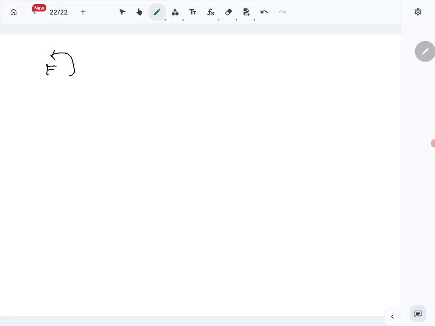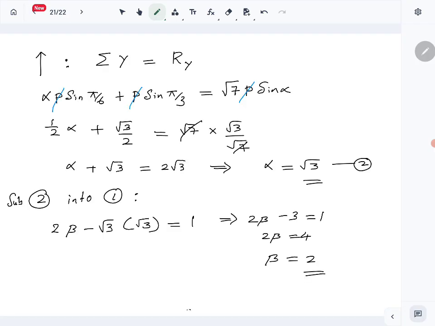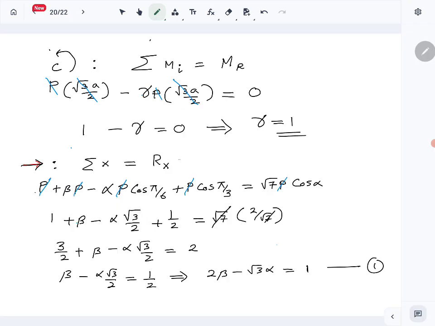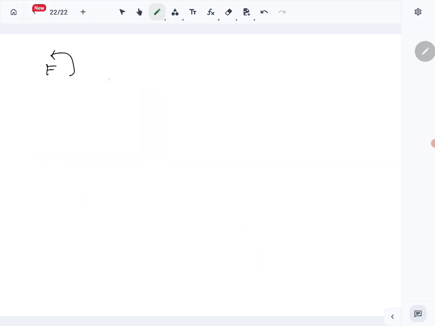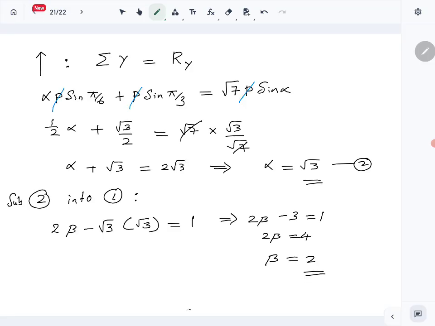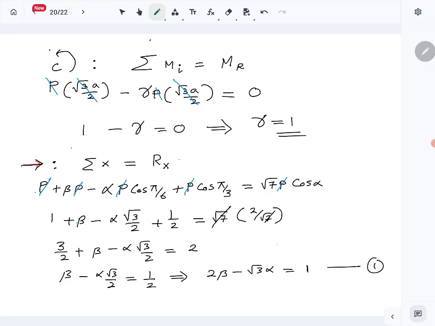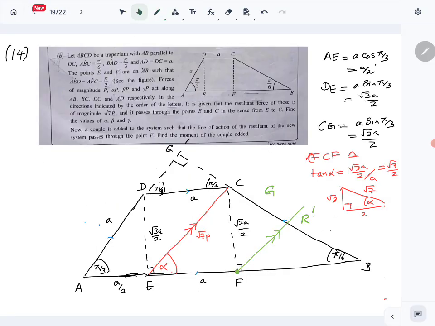So then we have the couple G that we want to find, minus or plus the resultant R. The resultant R is going in a clockwise direction, so that is a negative value.